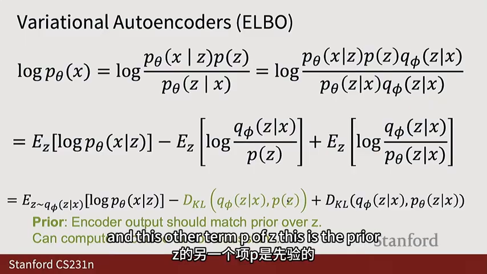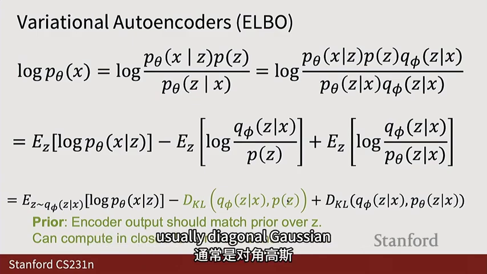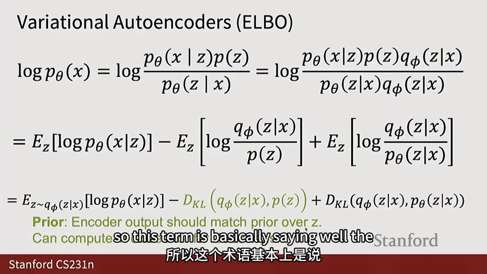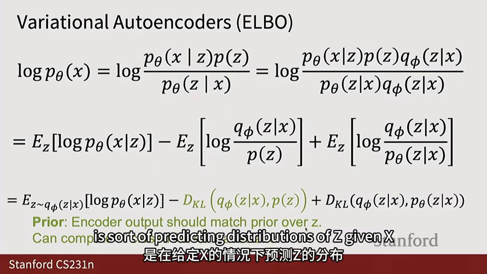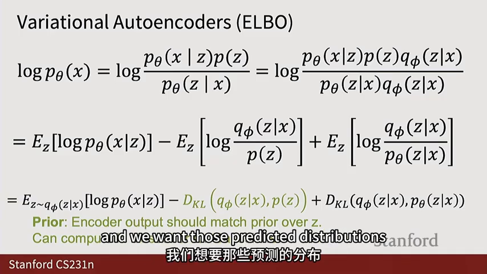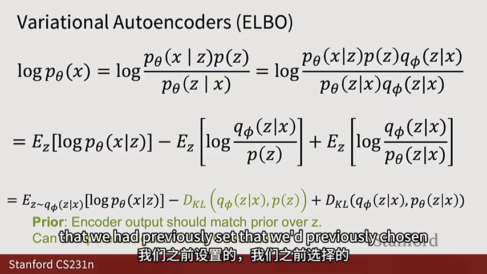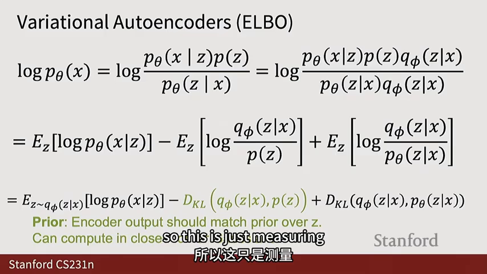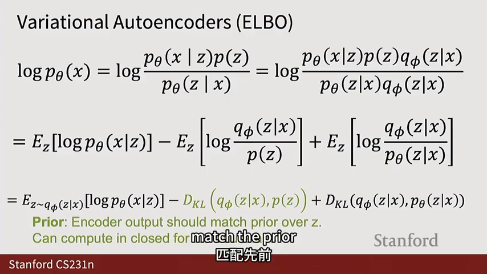And this other term, P of Z, this is the prior that we assumed for the latent space, usually diagonal Gaussian. So this term is basically saying, the model is predicting distributions of Z given X, and we want those predicted distributions to match the simple Gaussian prior that we had previously chosen. So this is just measuring how much that latent space that's learned by our model matches the prior.